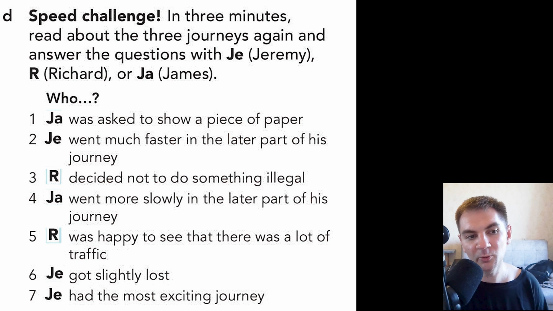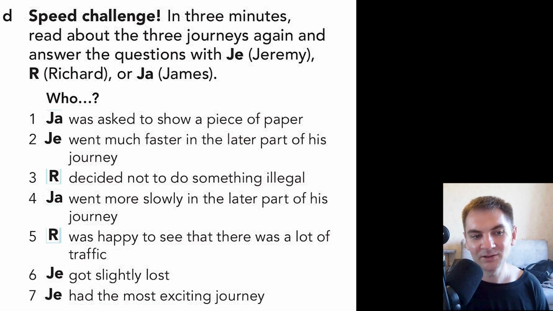Next is, who went much faster later? It was Jeremy on a boat, because first there was a speed limit and then he was free to go. Next is, who decided not to do something illegal? It was Richard. Next is, who went more slowly later? It was James by car because of the traffic jam.